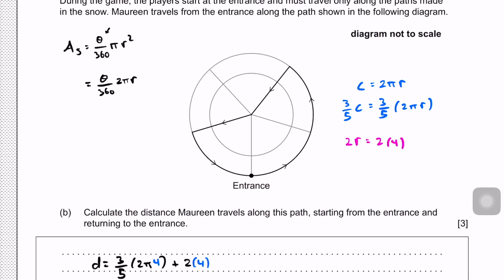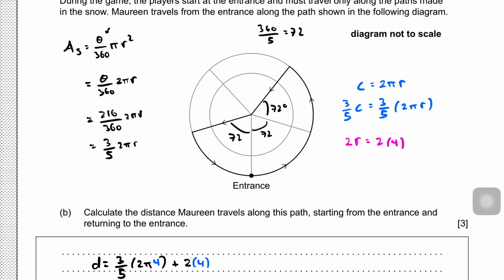I think this is actually a little more challenging, but if we know this is divided up into 5 equal sections, then we know we have 360 divided by 5, or each of these being 72 degrees. This is 72, this is 72, this is 72. What fraction of the circle do we have? 72 plus 72 plus 72 is 216 over 360, 2 pi r, which would again simplify to 3/5, 2 pi r.